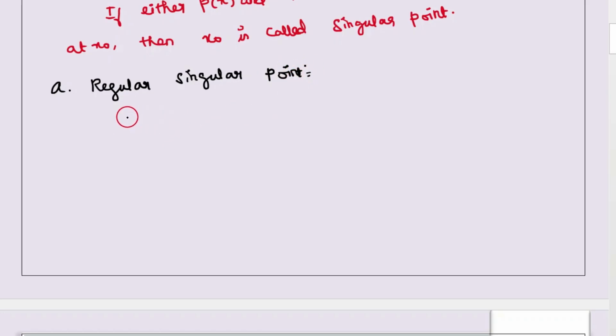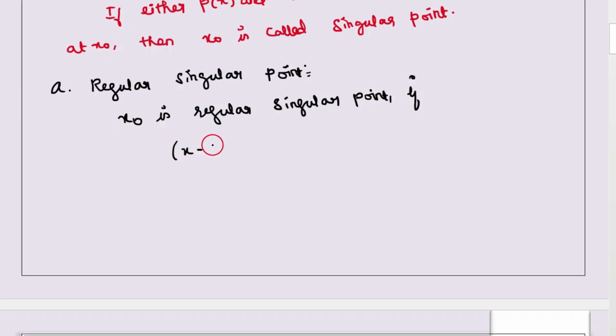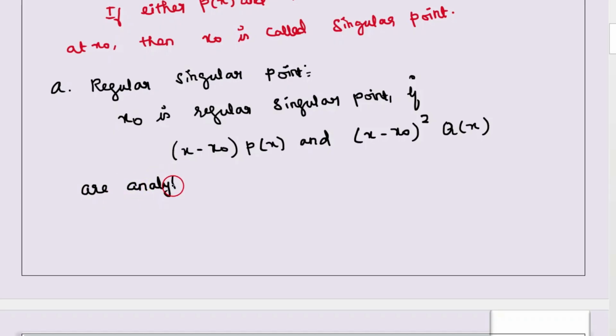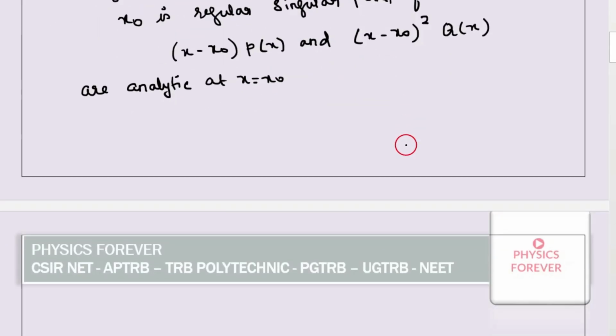If x naught is a regular singular point, the condition is that x minus x naught times p of x and x minus x naught whole square times q of x are analytical at x equal to x naught. This is the regular singular point.